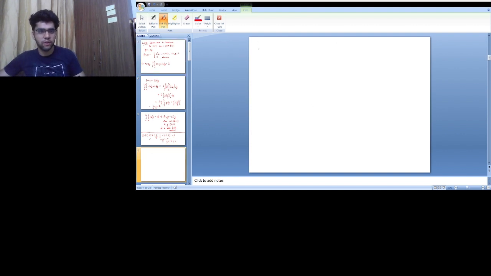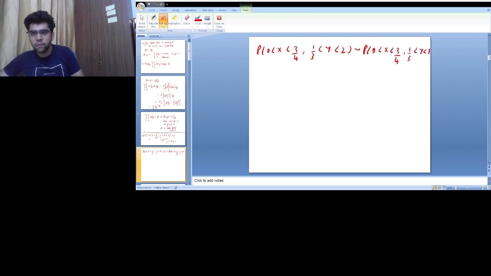So we need to find the probability of x lying between 0 and 3 by 4, and y lying between 1 by 3 to 2. Let me just check if the question is right. Yes. This is equal to the probability of x lying between 0 to 3 by 4, comma, y lying between 1 by 3 to 1, right?